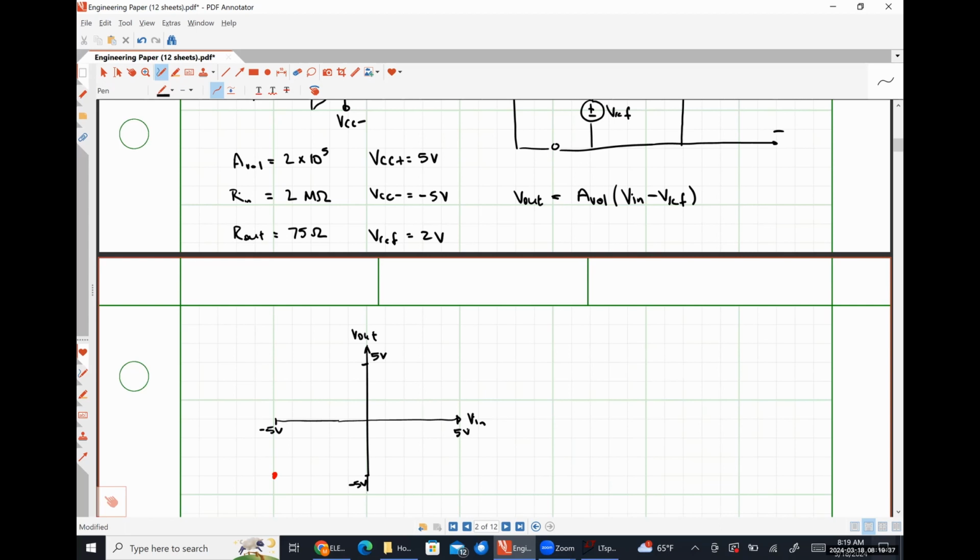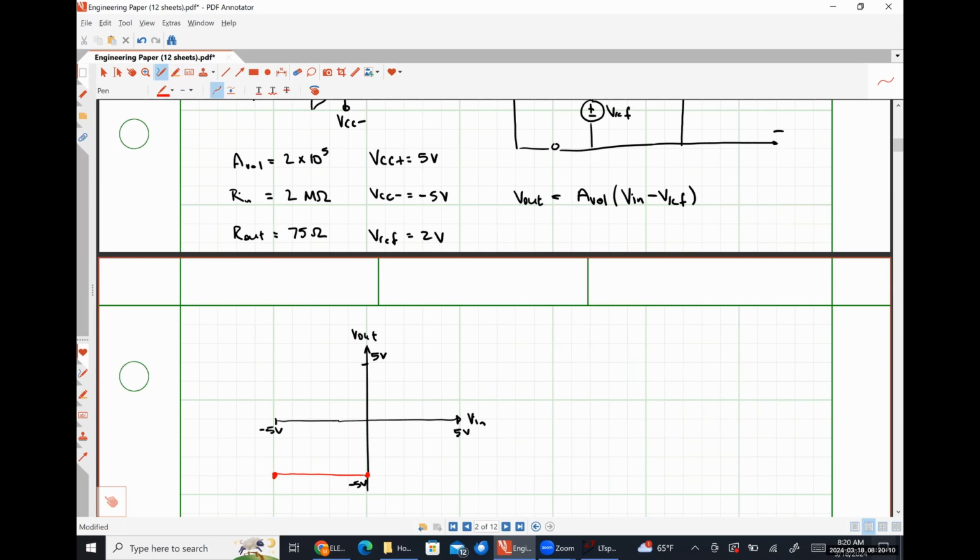Because we have 200,000 times negative 2 is negative 400,000 volts, which is still way more negative than our supply voltage of negative 5 volts. So all points in between there will also be at negative 5 volts, because my differential voltage will never be positive in that region, so there's never any reason for it to switch polarities or anything like that.